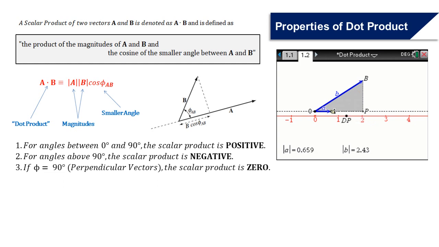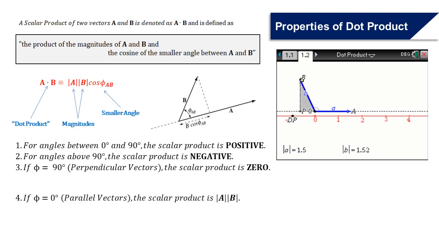Next property, if angle is exactly 90 degrees or if we have perpendicular vectors, then the scalar product is 0. Okay? Number 3, pakitandaan, if the angle between these two vectors is 90 degrees or if the vectors are perpendicular to each other, the scalar product is 0. Yan. Kitang-kita naman dito sa ating illustration. Okay? So, yung ating dot product nasa 0 and then yung angle niyan is 90 degrees.